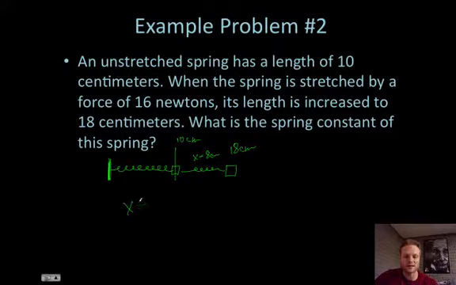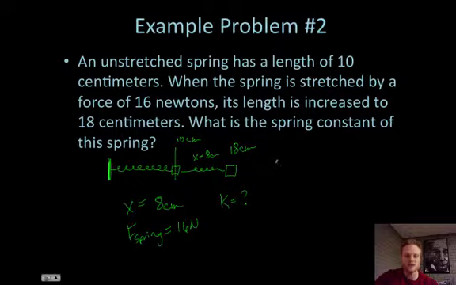And that's something I'm going to write down because that's important. x equals 8 centimeters. Okay? And then it says that to do this, a force on the spring was applied, and that force was 16 newtons. Okay, and so what I want to know is, what is k? That's my question.